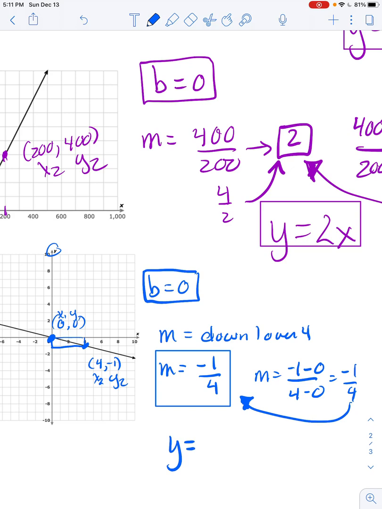My equation will be y equals negative 1/4, and then don't forget the x after your slope. And then again, because it's plus 0, I would not write it. And when you do your IXL, you don't want to write it. You're just going to write this part.